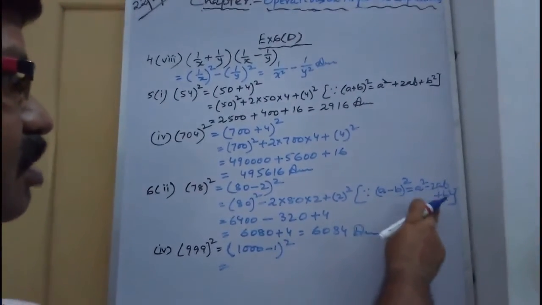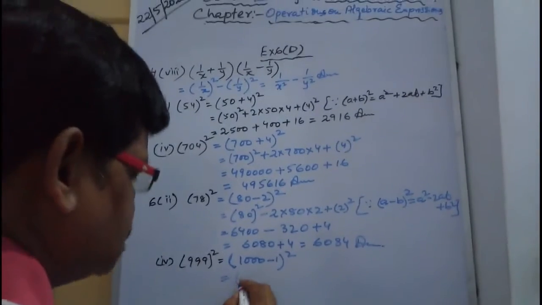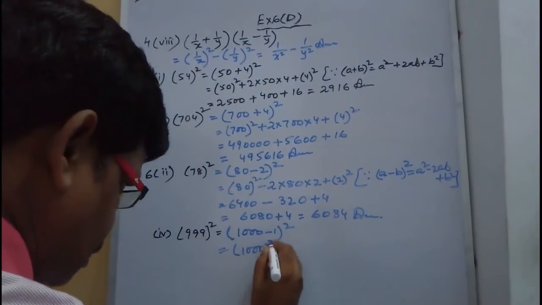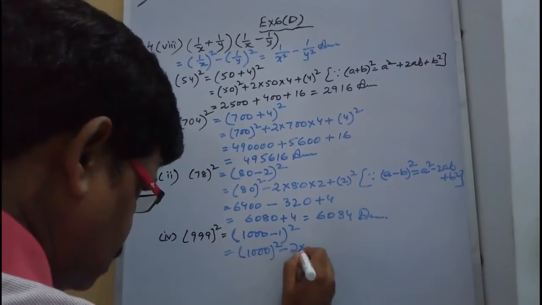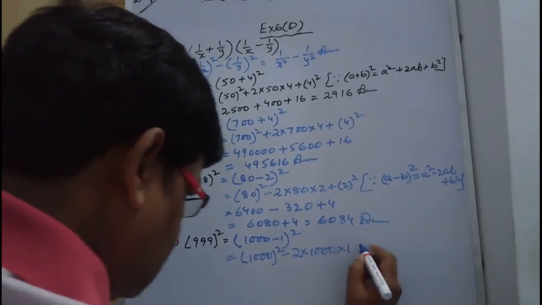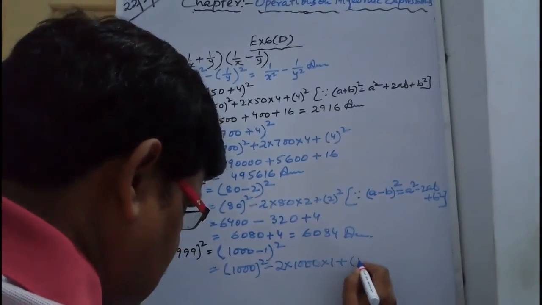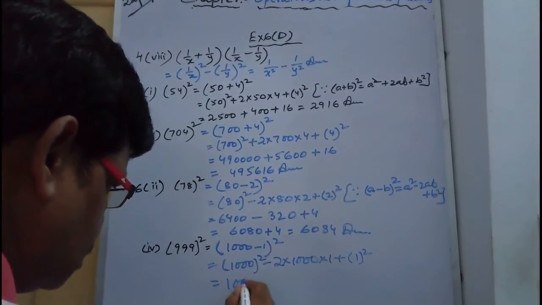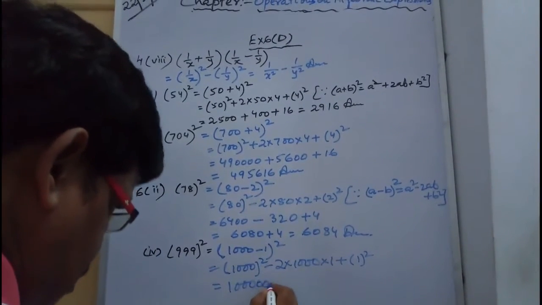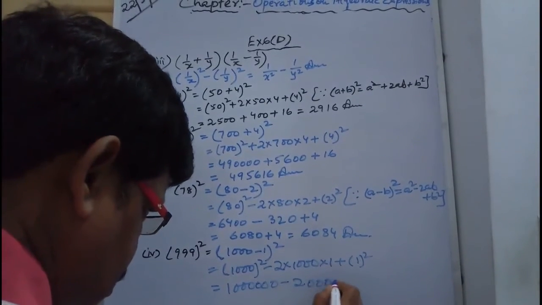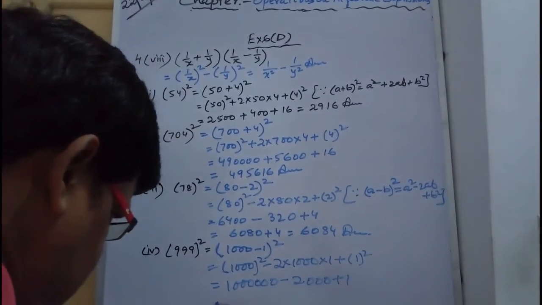So writing by follow this one. A square minus 2AB plus B square. 1000000 minus 2000 plus 1.